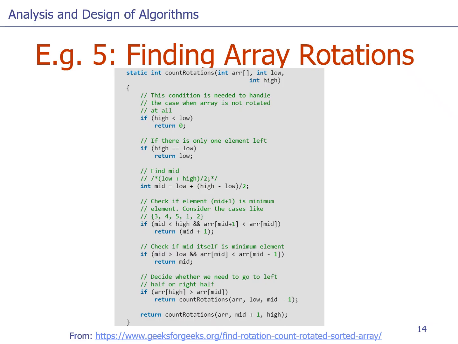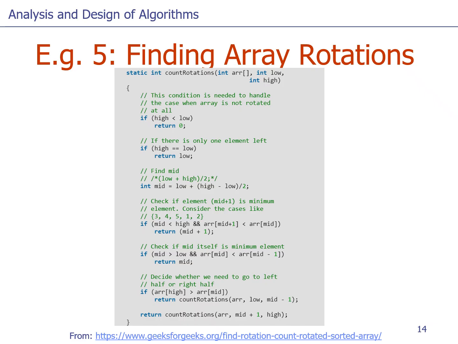Are you following? I don't think so, right? Let's look at this case. 3, 4, 5, 1, 2. The mid is going to be pointing to 5, because it's integer division. So if mid is less than high, let's say high is pointing to 2, the last element.